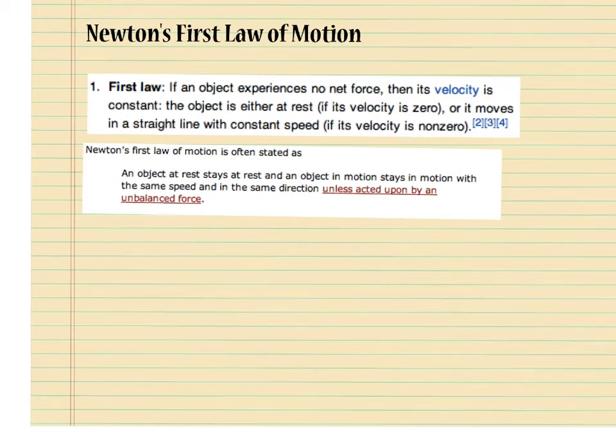Newton's first law of motion is often stated as: an object at rest stays at rest, and an object in motion stays in motion, unless it's acted upon by an unbalanced force. So he keeps talking about these no net forces and unbalanced forces acting on an object. So let's make an object. I would like to have a blue circle with a red outline.